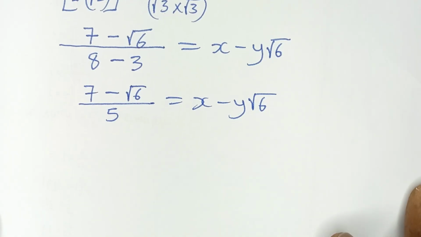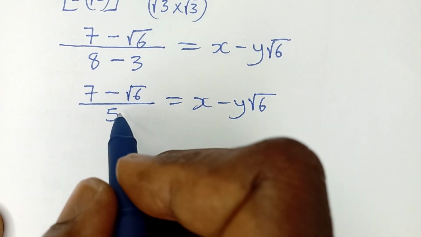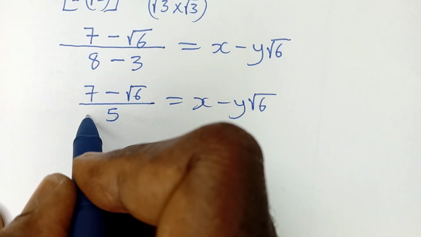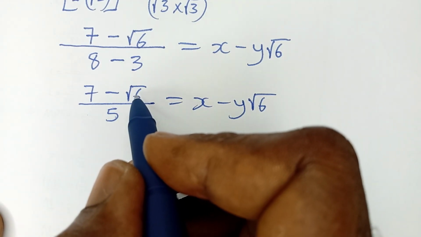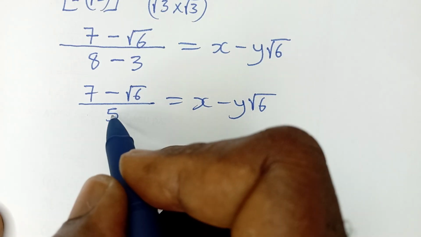So the next thing for me to do is to separate this fraction. Separating this fraction means this denominator will be used to divide this 7, and this root 6 will also divide 5.